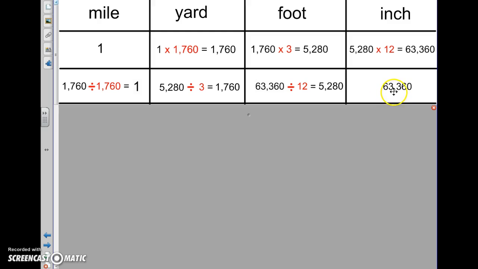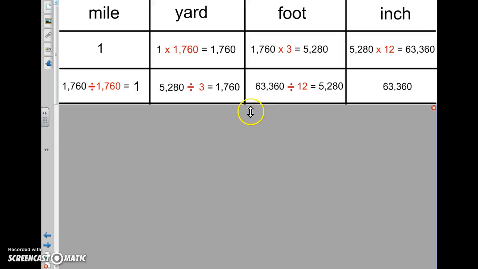For example, if I know that there are 63,360 inches and I wanted to figure out how many miles, I would divide that by 63,360, and that would give me 1, that's the miles.